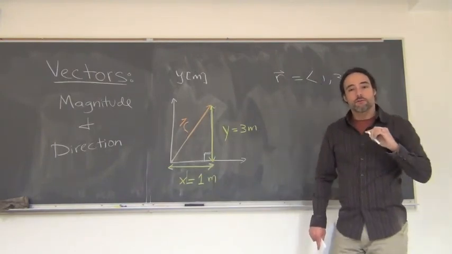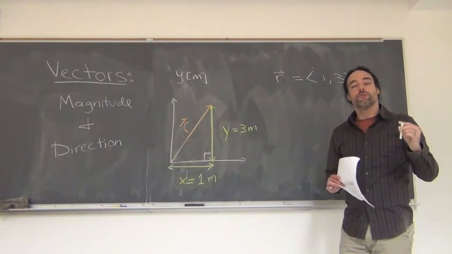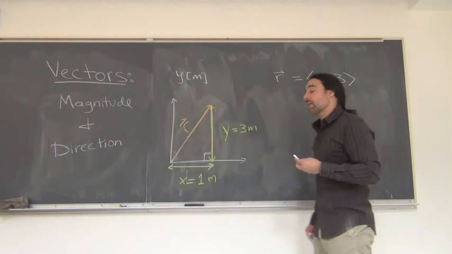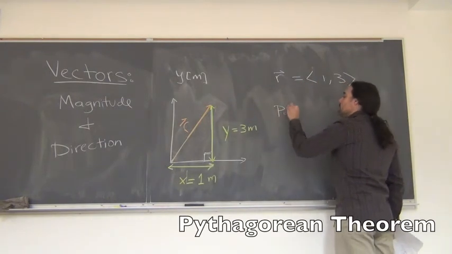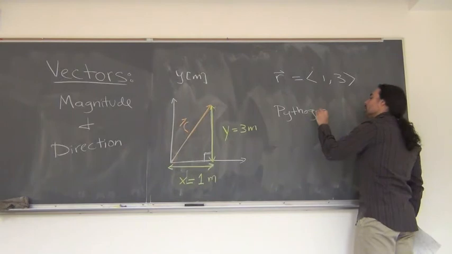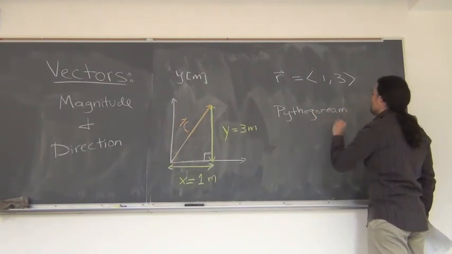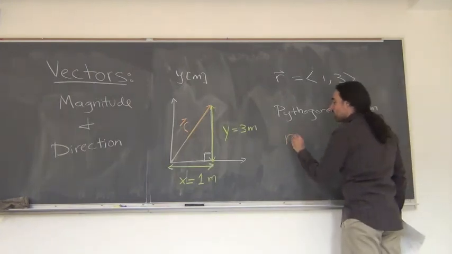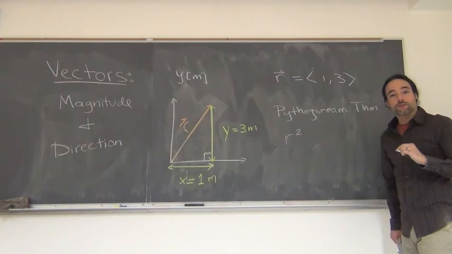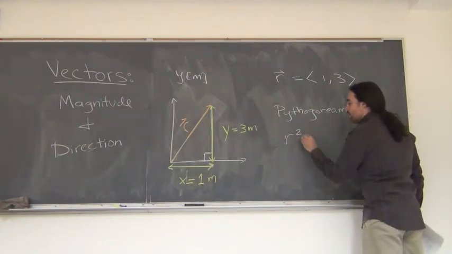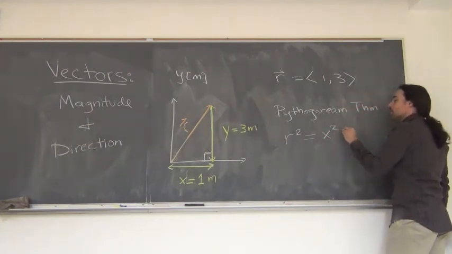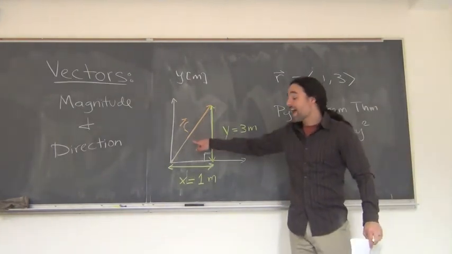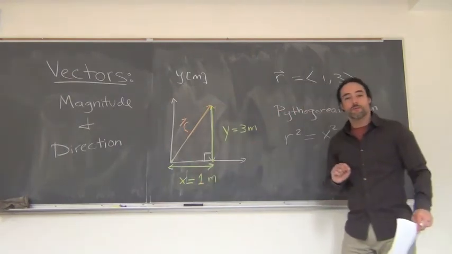And you can find the hypotenuse of a right triangle using something called the Pythagorean theorem, which says, in this case, that if I look at the length of my vector squared, that has to equal the sum of its two sides squared. So r squared has to equal x squared plus y squared.